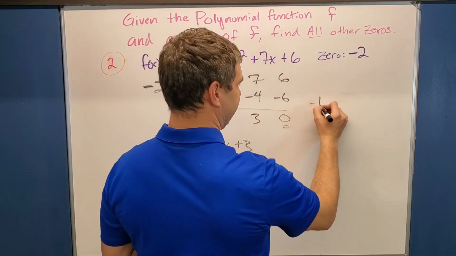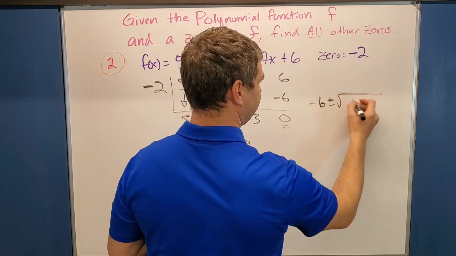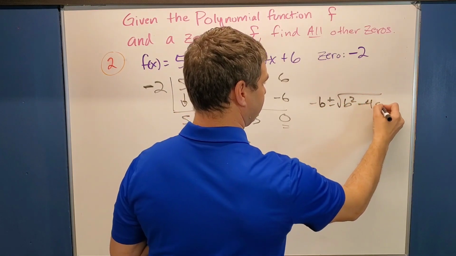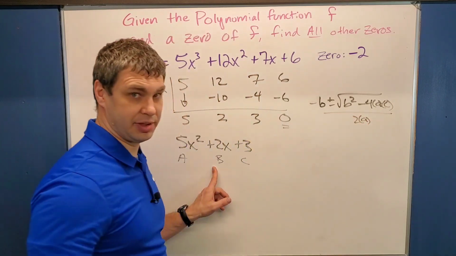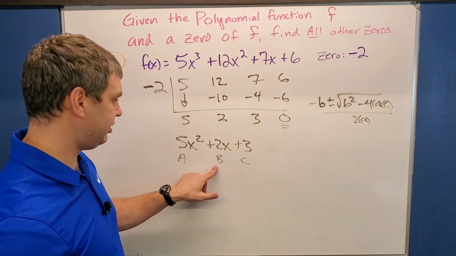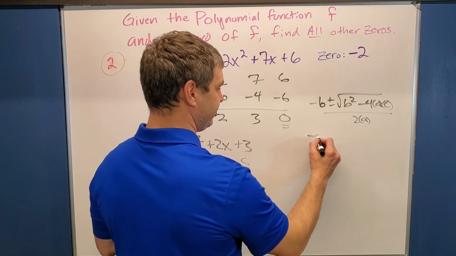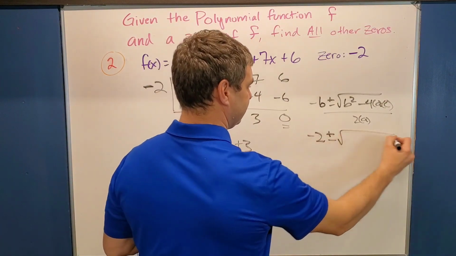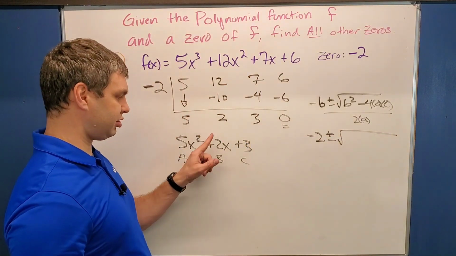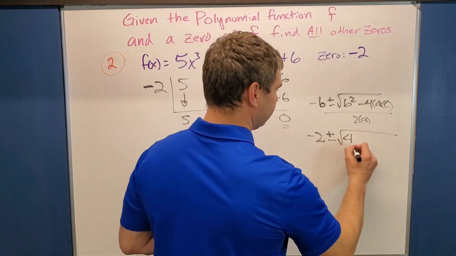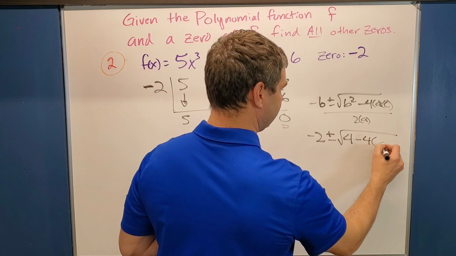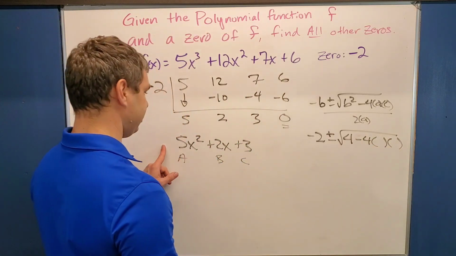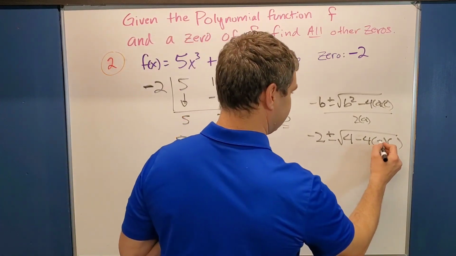It's going to be -b plus or minus the square root of b squared minus 4ac, all divided by 2a. If I plug these in, -b for me is going to be -2 plus or minus the square root of b squared. 2 squared is 4, minus 4 times my a and c. A was 5, c was 3.